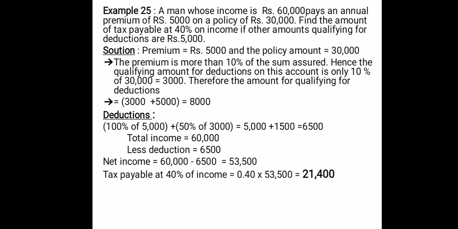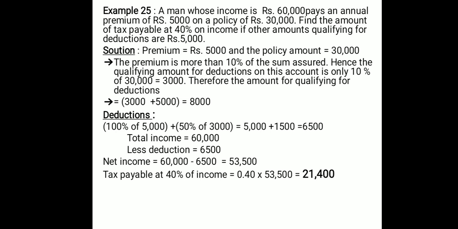So the solution: premium is 5,000 and the policy amount is 30,000. In the previous note, what was it? Here the premium is more than 10% of the sum assured. So 5,000 is more than 10% of the 30,000.